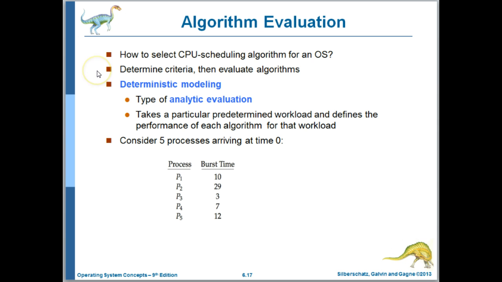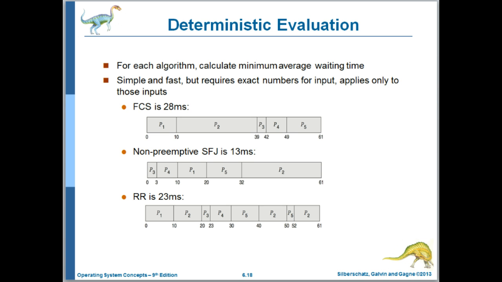Of course, going back for a second, if you're going to choose a particular algorithm and evaluate algorithms, you need to determine the criteria for selection, whether you're interested in throughput, completing as many processes per unit of time as possible, or reducing latency for a time-sharing system or what have you. All right, so here are, as you already know, some Gantt charts.